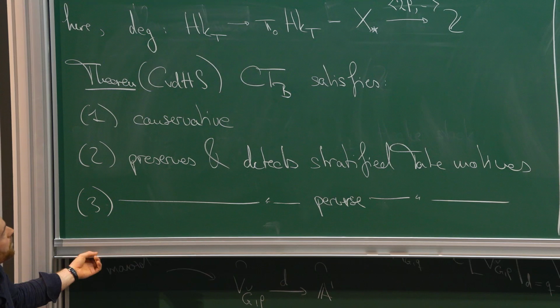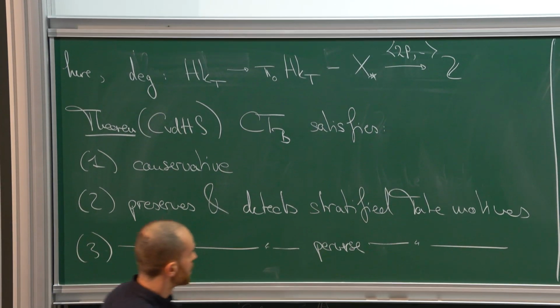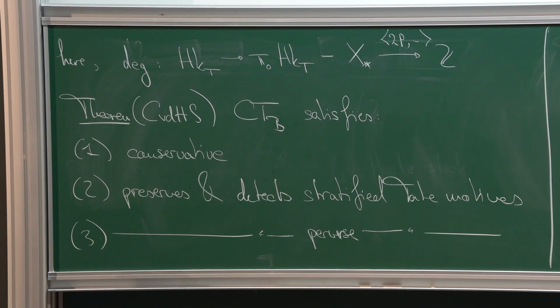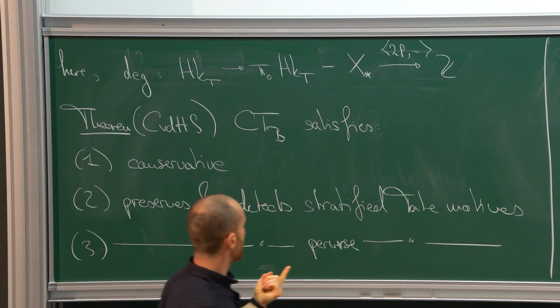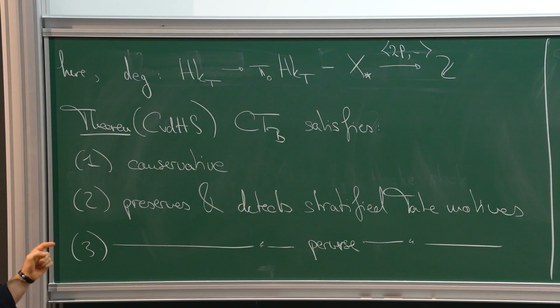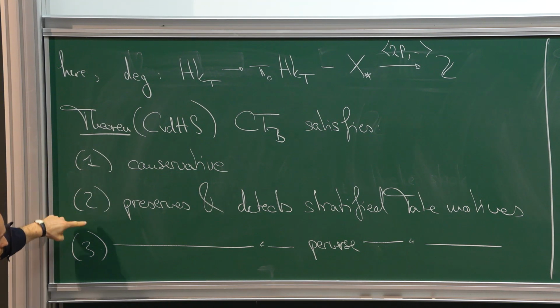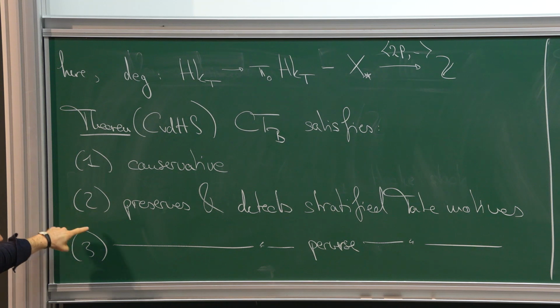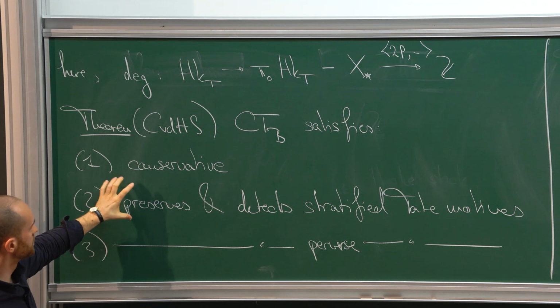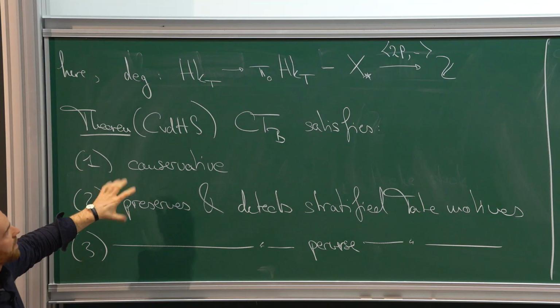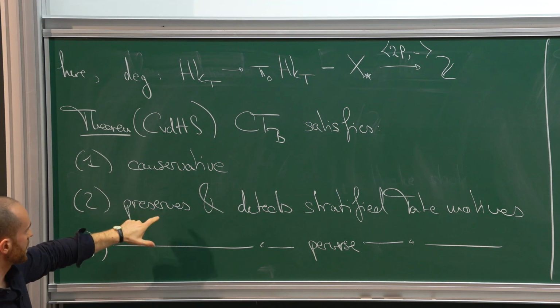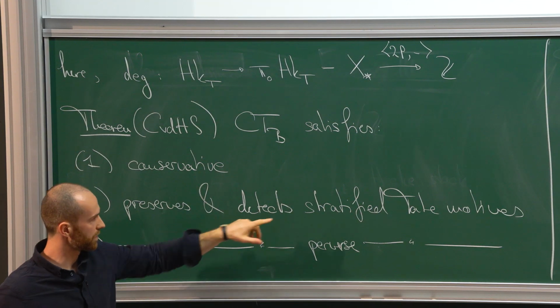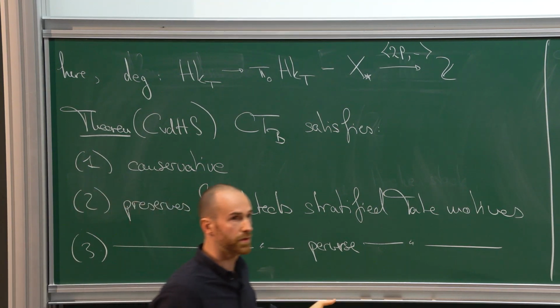Okay, namely, just by comparing with the story for other cohomology theories, maybe 1 and 3 are known in other cohomology theories as well, but in comparison to existing proofs, the heart is really that it preserves these stratified Tate motifs.